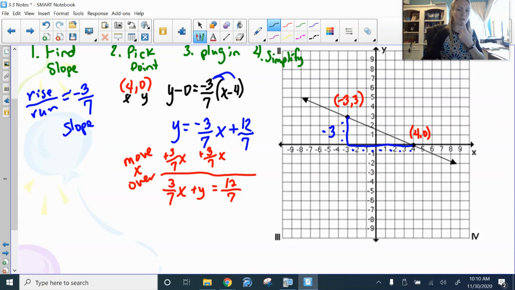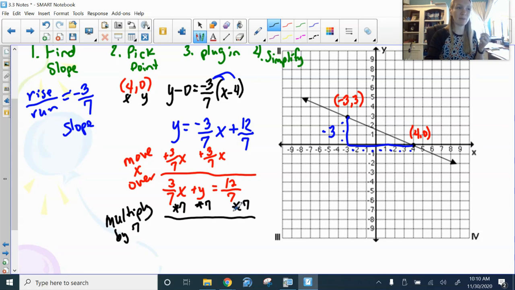So what would I have to multiply by to get rid of that fraction, to get rid of dividing by 7? Well, what's the opposite of dividing by 7? Multiply. Boom. So if we multiply by 7, making an equivalent equation, I'm going to multiply everything, just like this is why we did equivalent equations to start with.